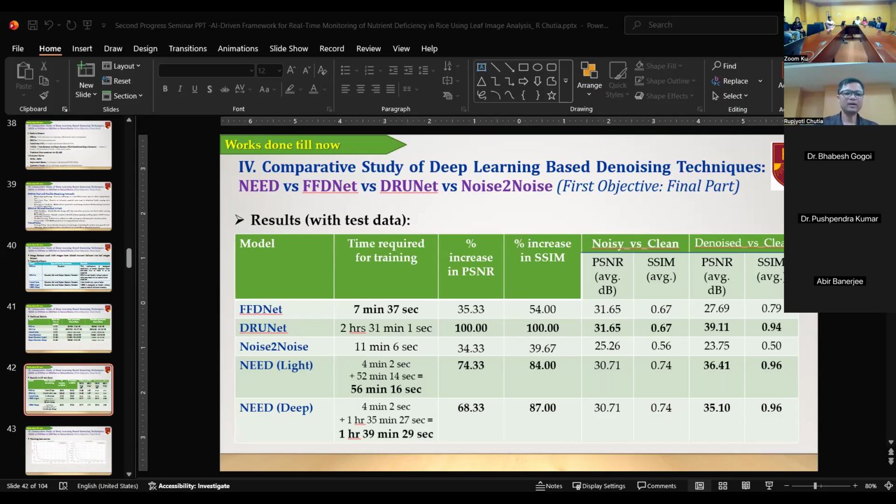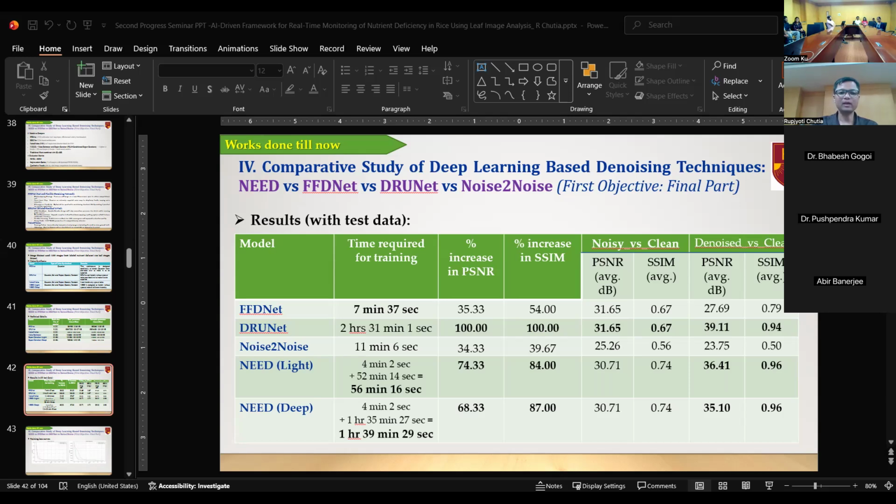So here we have seen that the FFDNet model takes 7 minutes 37 seconds for training. DRNet 2 hours 31 minutes 1 second. Noise2Noise 11 minutes 6 seconds. NEED light model 56 minutes 16 seconds, and NEED deep model 1 hour 39 minutes 29 seconds.